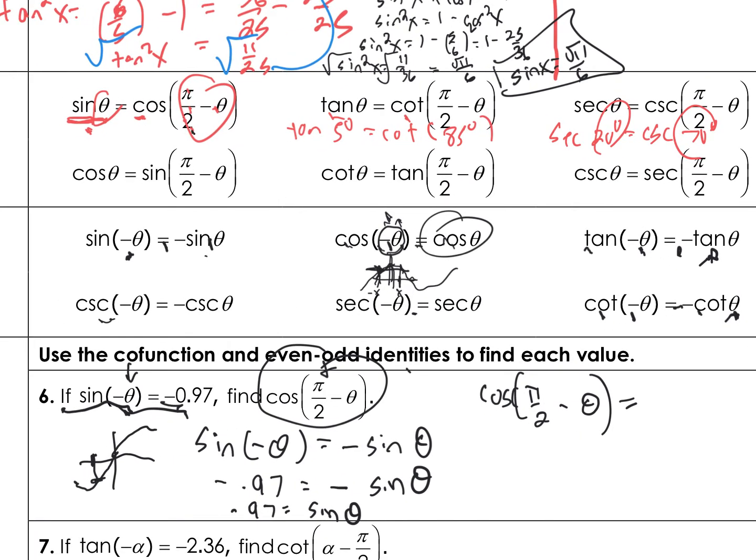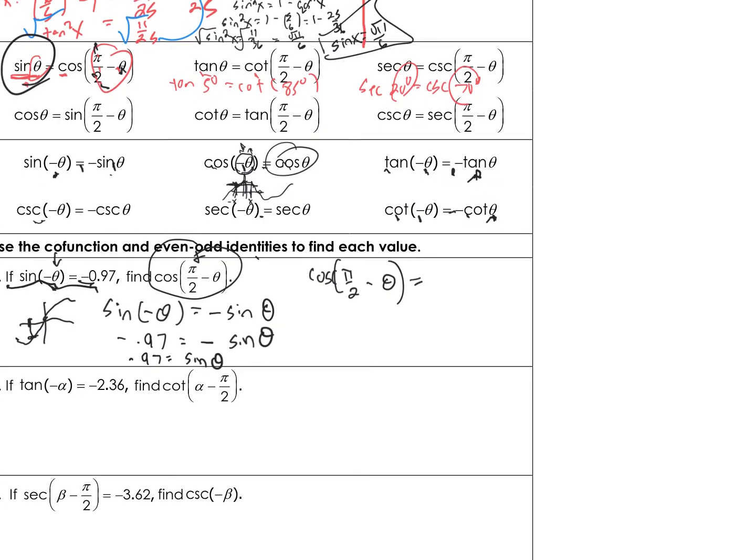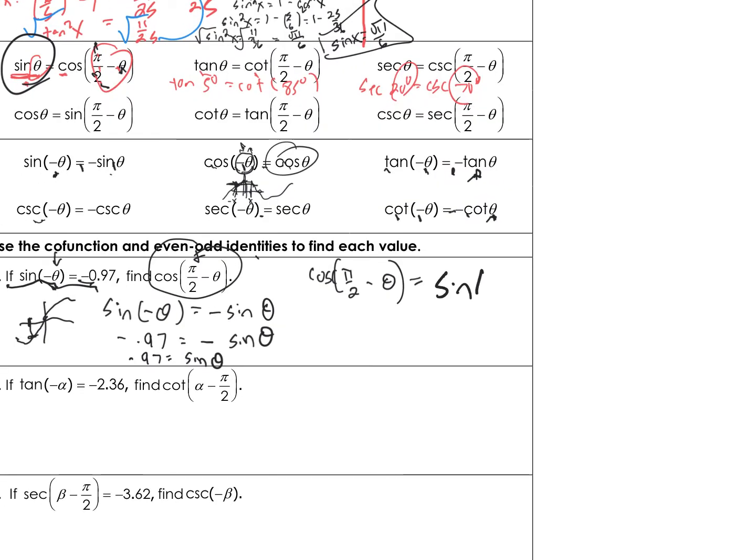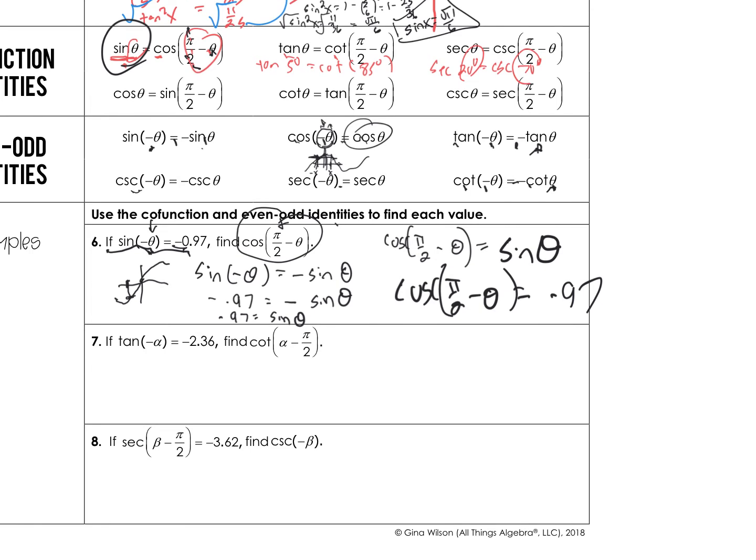Right here. Cosine of pi over 2 minus theta is sine of theta. So there's my identity. Therefore, cosine of pi over 2 minus theta must be 0.97, just using the definitions that were given to us.